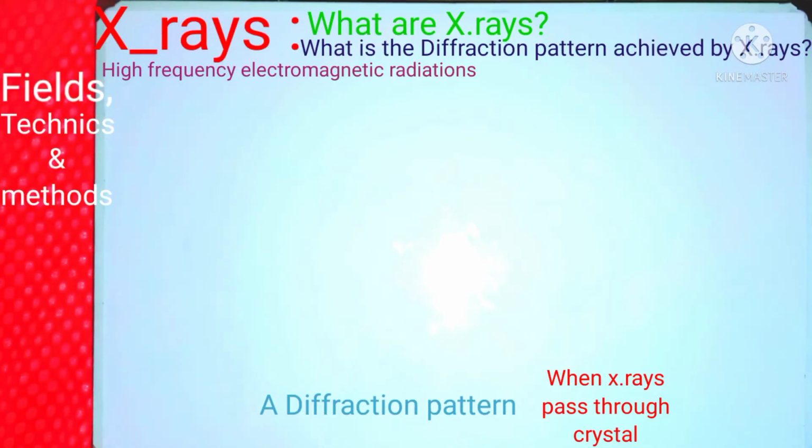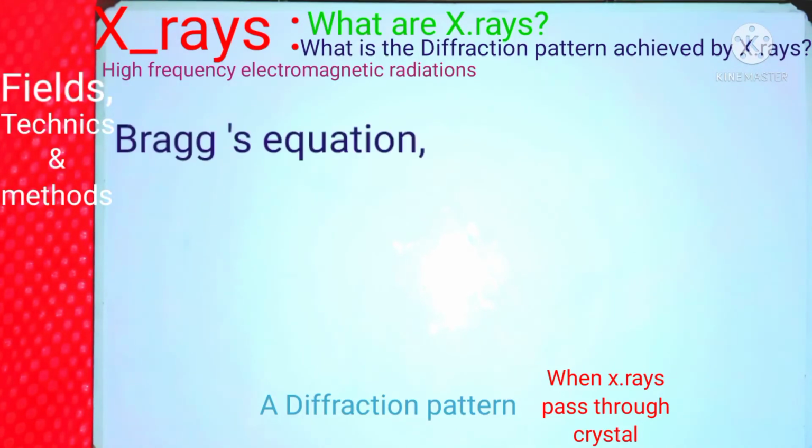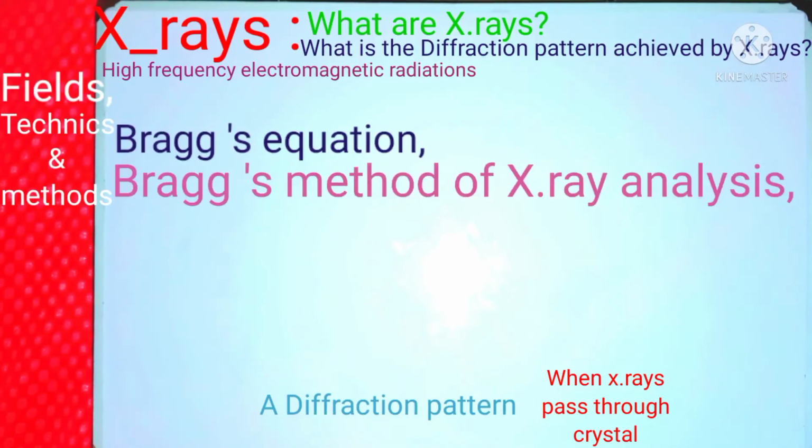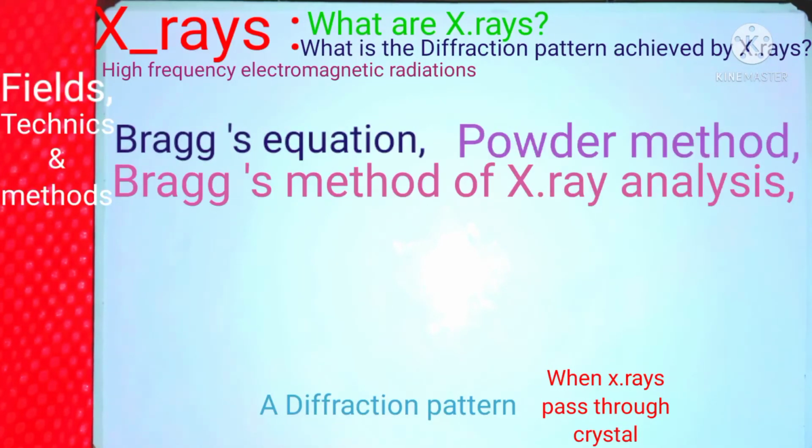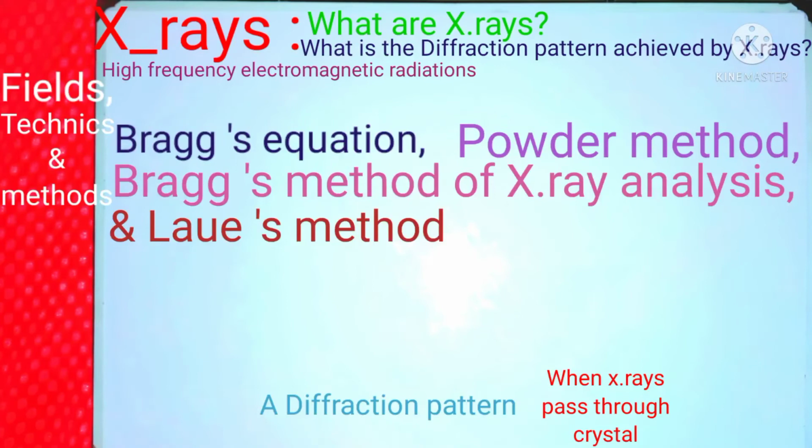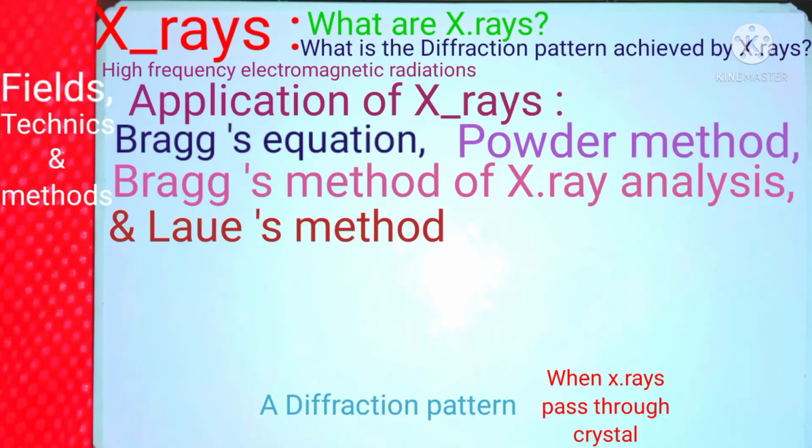For example, X-rays are used to derive Bragg's equation, Bragg's method of X-ray analysis, powder method and Laue method. So there are many different types of techniques, methods and equations in which X-rays are used as an important fundamental thing. So we can say that X-ray has so much importance in science experiments in different fields of life.